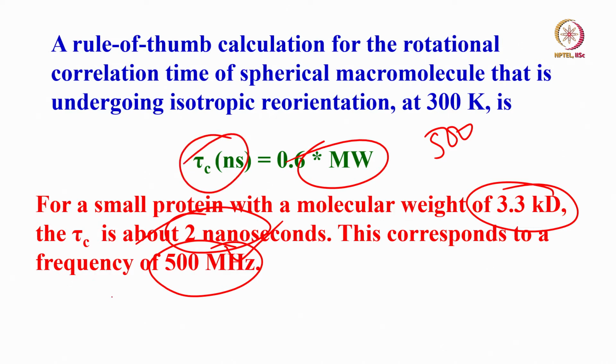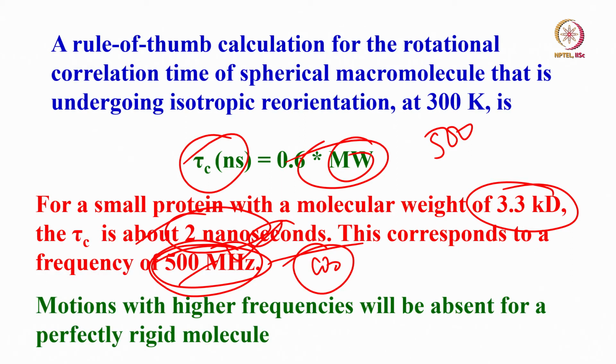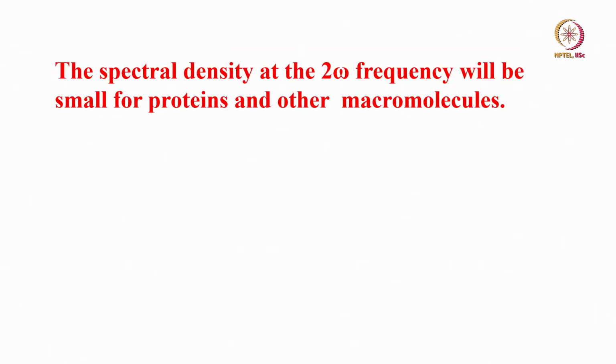The tau c depends upon the molecular weight, which in turn depends upon the frequency. That is, tau c in nanoseconds depends upon which frequency omega 0 you are doing the experiment at, and that tells you whether NOE is positive, negative or zero. Okay, this is what we discussed.